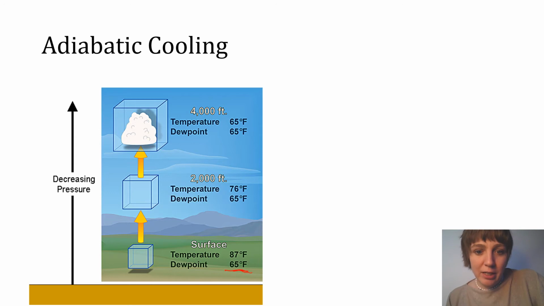Well, as soon as an air parcel cools down to that dew point, the air is saturated, and so condensation occurs. Physically, that means that some of the water vapor that used to be dissolved in the air parcel condenses out into liquid form, creating teeny tiny droplets of liquid water that we know as clouds.